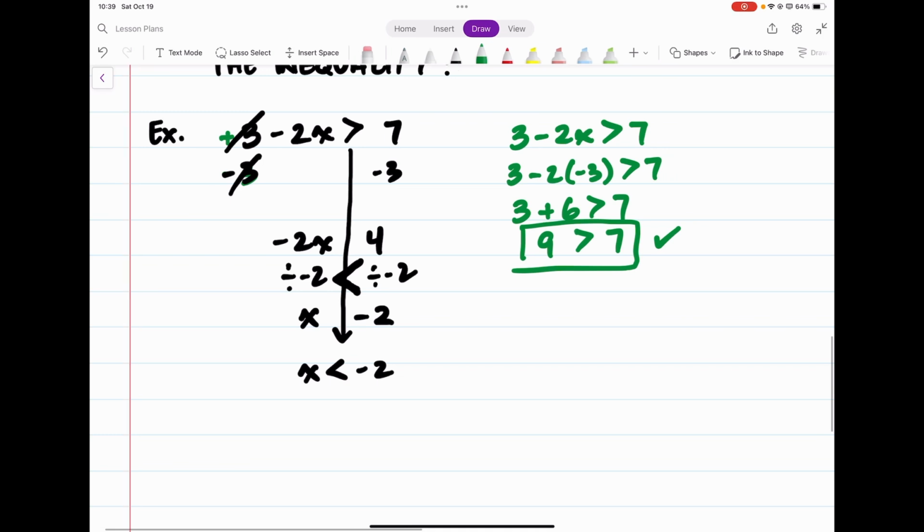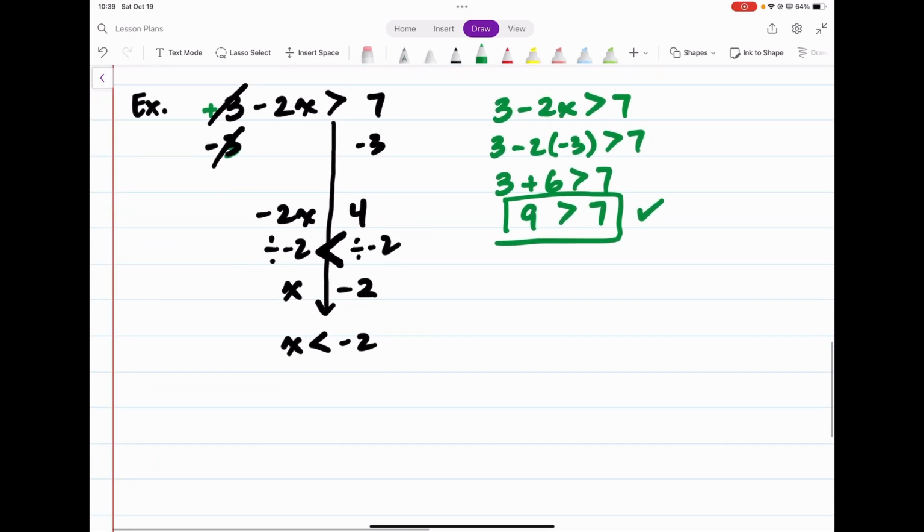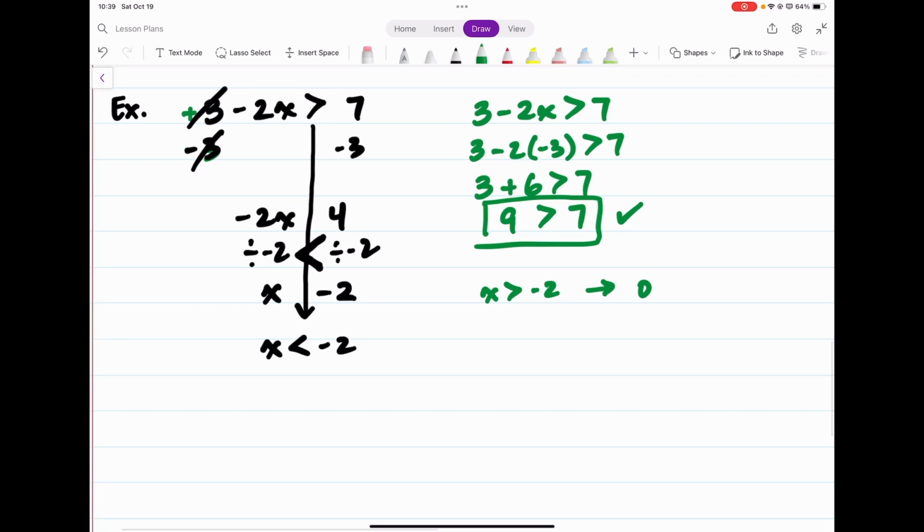Now, if I didn't flip the symbol, that means I would have put something where x is greater than negative 2. So let's try. A number that is greater than negative 2 is, let's just say, 0. 0 is bigger than negative 2.